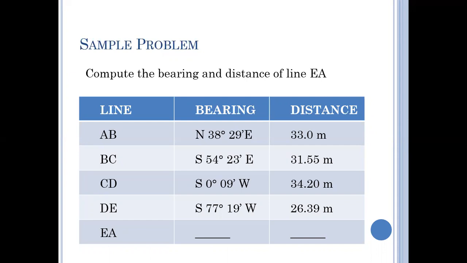So first example, compute the bearing and distance of the line EA. So this is the missing side, where the bearing and distance are unknown. First step, of course, we need to draw the required traverse.